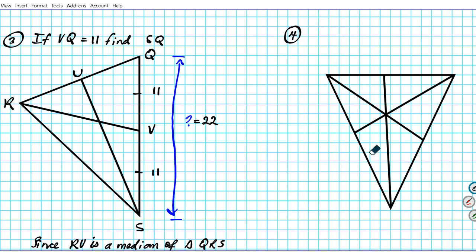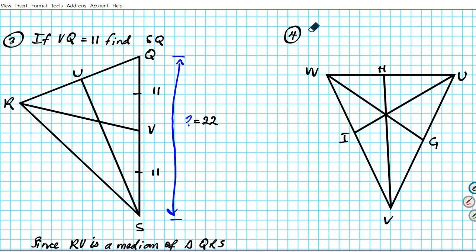So problem number 4, let's say we have triangle UVW with 3 medians shown. Okay, so VH, UI, and WG.